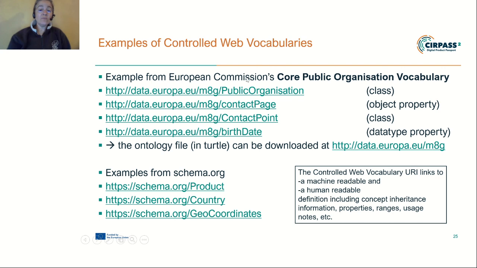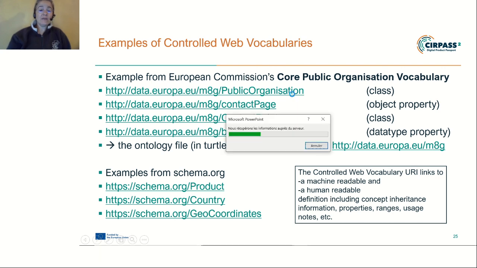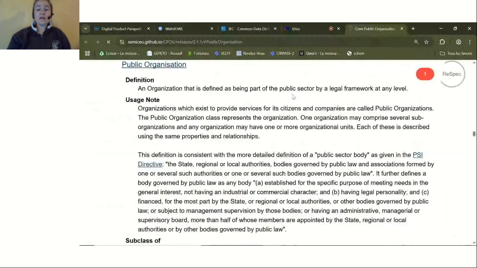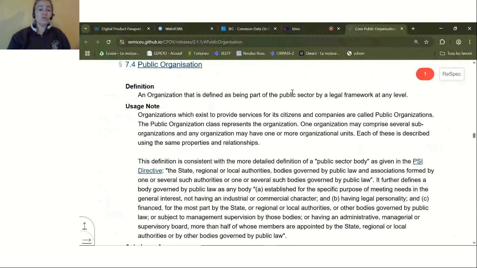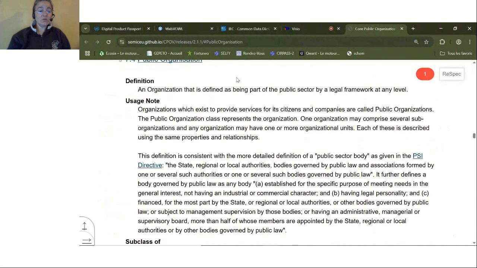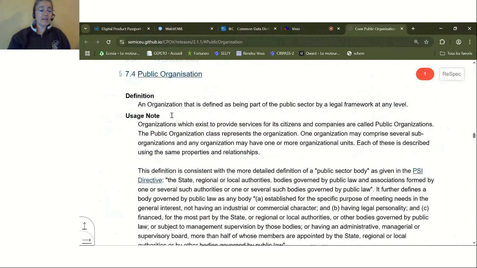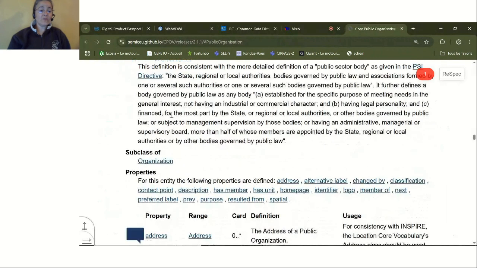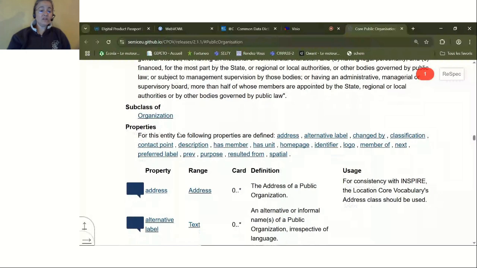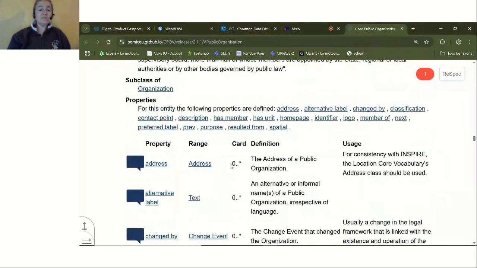So if I, for example, look at this term, because I'm a human and not a machine, it redirects me to this very nice human readable definition of this term, where I can read the definition, some usage notes, and it tells me how the concepts are organized and the properties for this term, for this class, and the range of each one of these properties, etc.